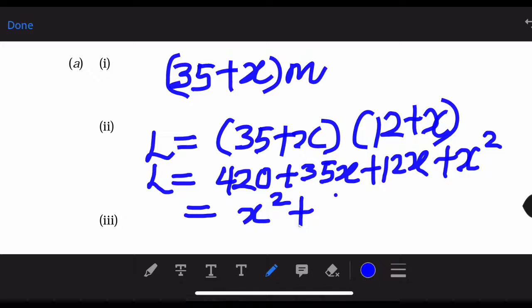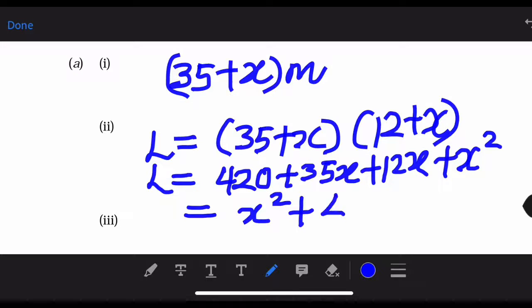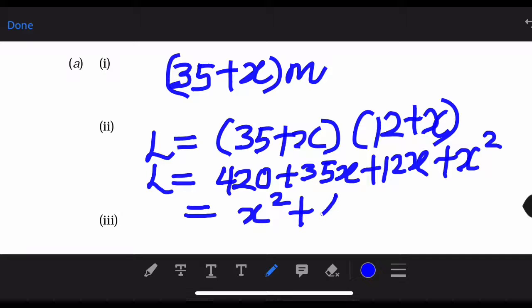If you solve carefully, you will get x equal to positive 5. And this one, x equal to negative 46, we need to reject. Why? Because we don't have a measurement of x which is negative, right? So the final answer x is 5. So that is the answer for solving x.